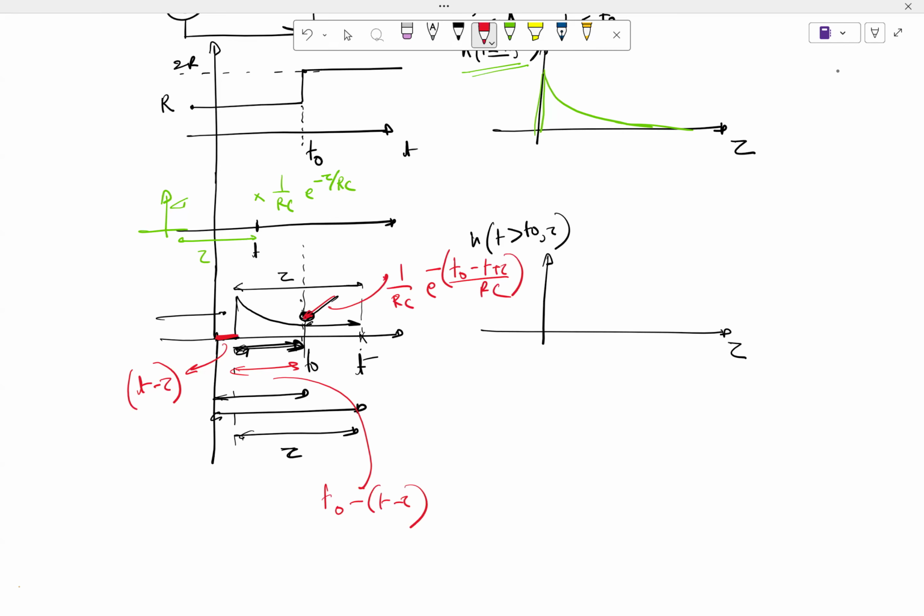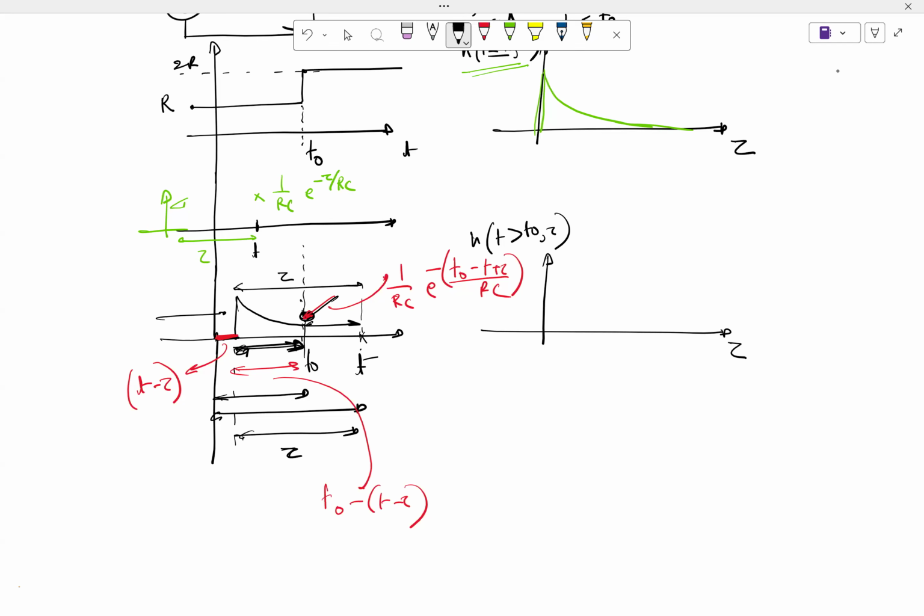Then it is going to see the 2RC decay. Correct? So when it is going to see a 2RC decay, this serves as the initial condition on the capacitor, right? The initial condition on the capacitor is going to decay with a time constant of 2RC, right?